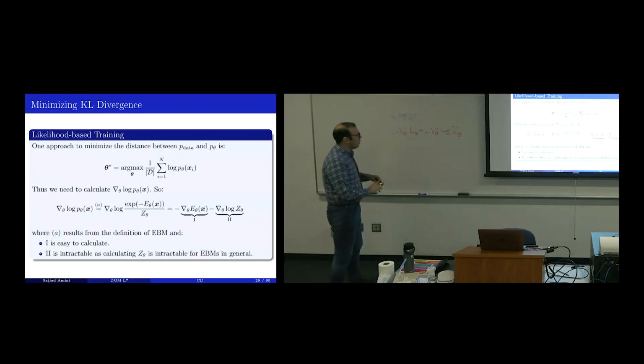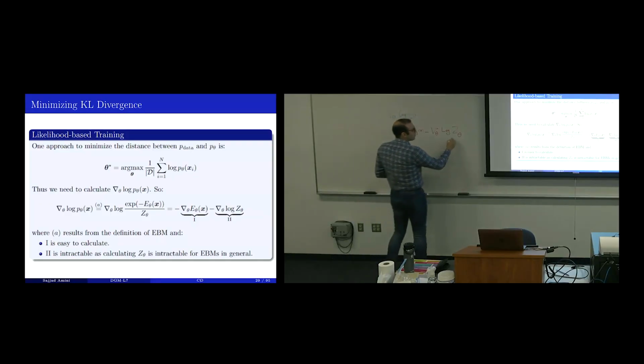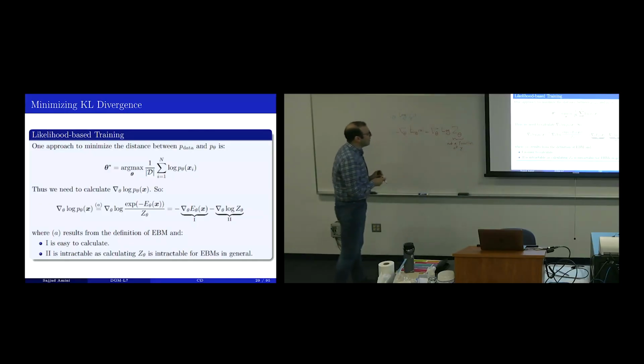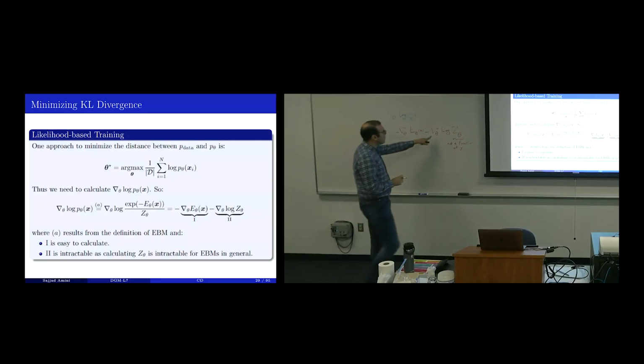We know that Z theta is not a function of your x, but it is a function of theta, and in this place you need the gradient of that value with respect to the model parameter, which is intractable in the general case.